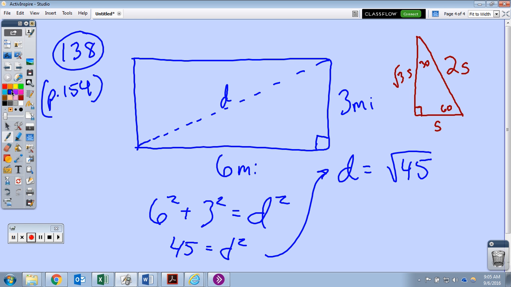So the question in the book was how long is a pedestrian route that runs diagonally across the park? It says express answers in simplified radical form, then find a decimal approximation. Is this fully simplified? Do we know what it simplifies to?